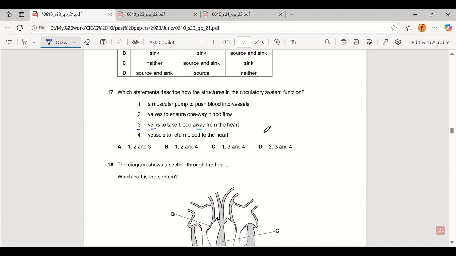Does a vein do this? Yeah, because it's asking about the circulatory system. Okay, so do the veins take the blood away from the heart? No, only the pulmonary vein. So no, the pulmonary vein takes the blood to the heart. Oh, yeah. So is it B? B, of course, because here for vessels, they didn't mention which vessels return the blood to the heart. These vessels are the veins.